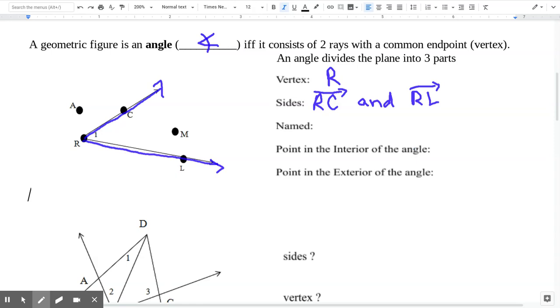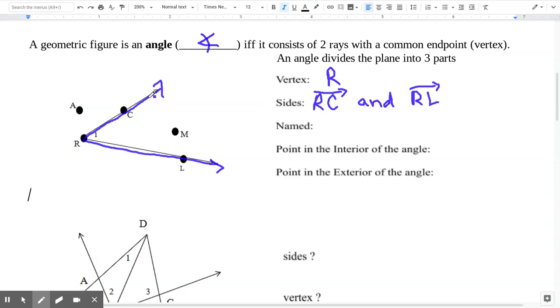Something else we need to talk about is how do you refer to this angle. So if you look at a picture and you want to talk about it with someone else, how could you refer to it? There are a couple ways. One way is to use 3 points that are traced with the sides of the angle.